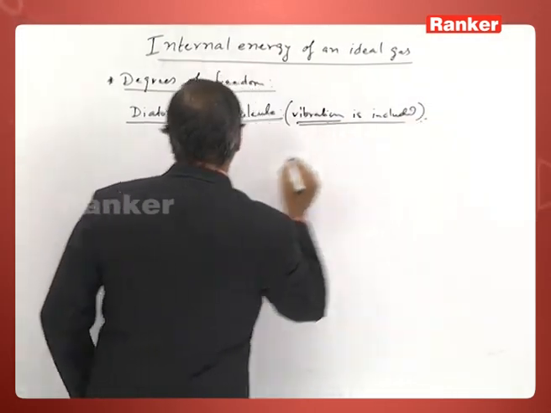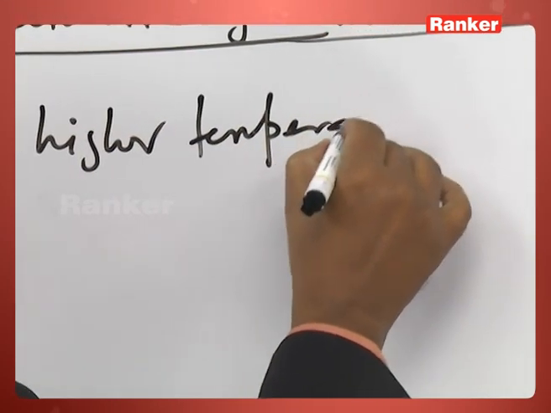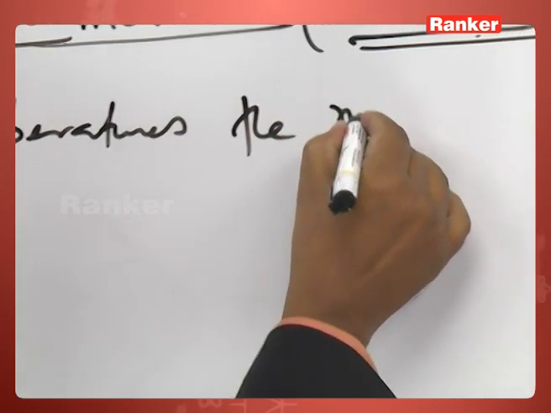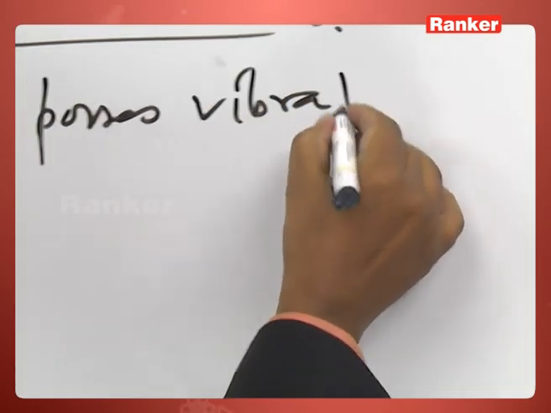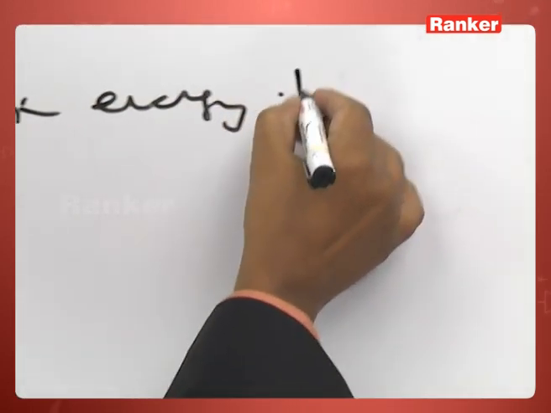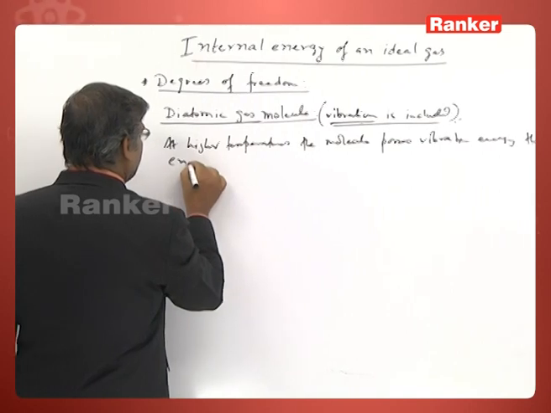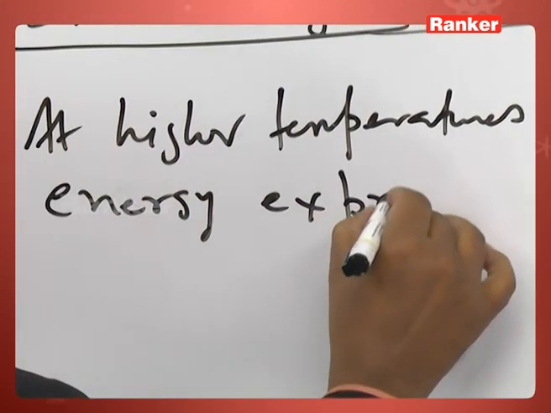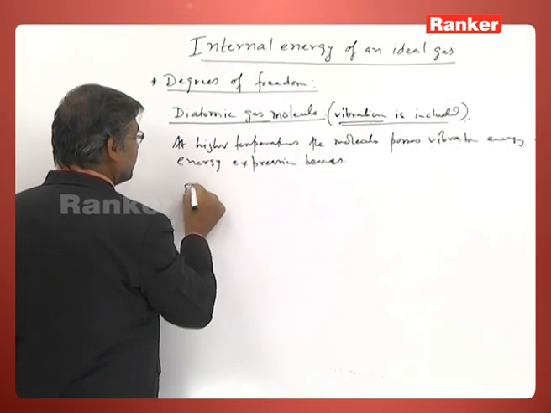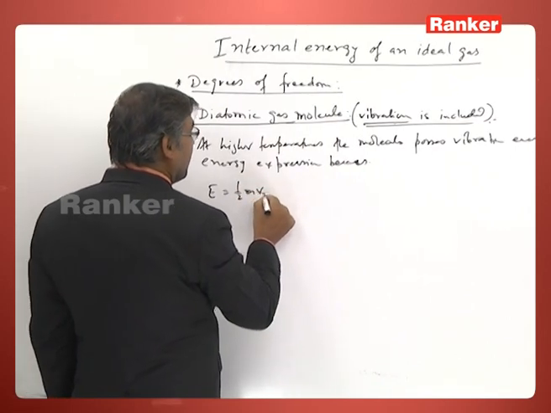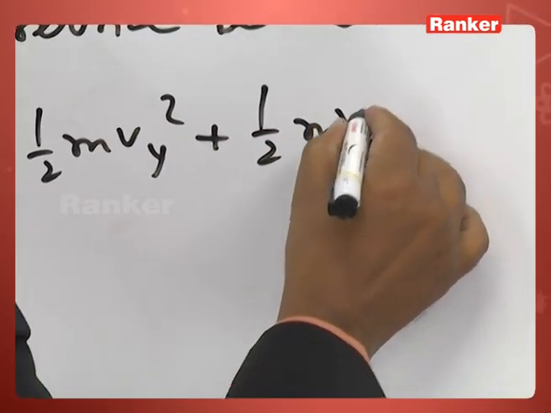So, let us see, at higher temperatures the molecules possess vibrational energy. Thus, the total energy expression for a diatomic becomes E equal to half m vx square, half m vy square, half m vz square.